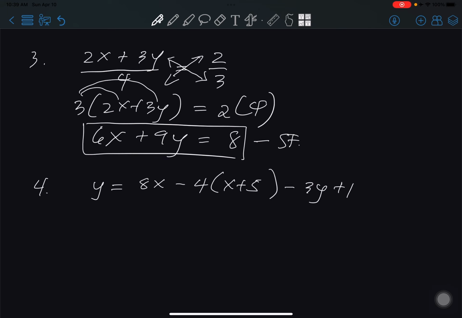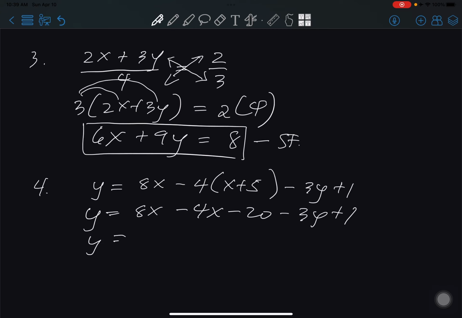So how do we simplify this? So here we just have to distribute y is equal to 8x, then minus 4 or negative 4 times x, we have negative 4x, then negative 4 times 5, we have minus 20, then minus 3y plus 1. Okay? Then we just have to combine like terms.